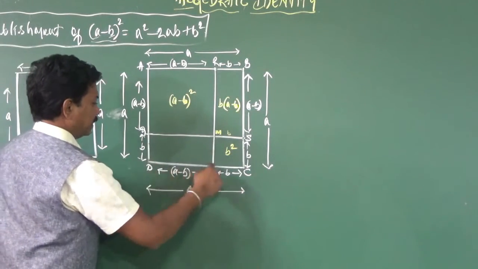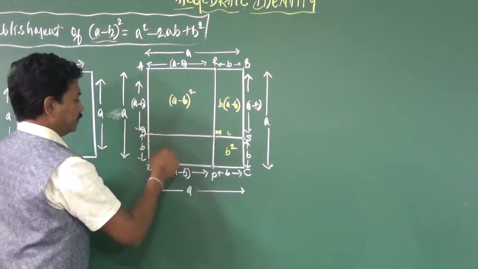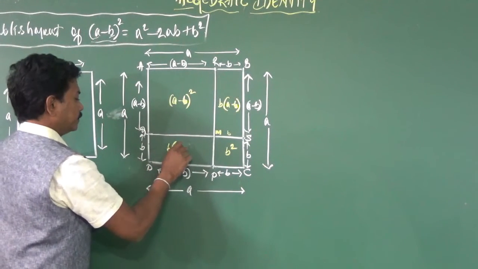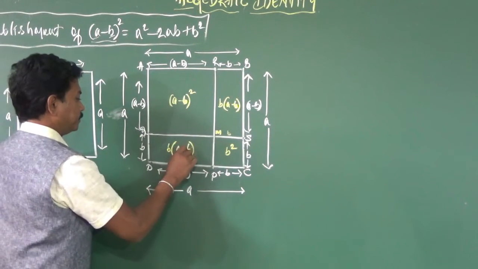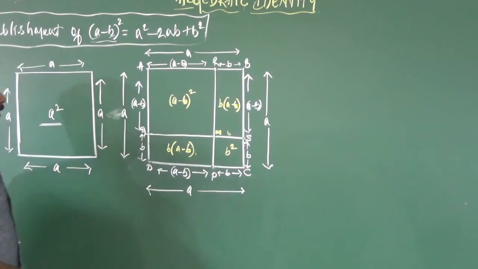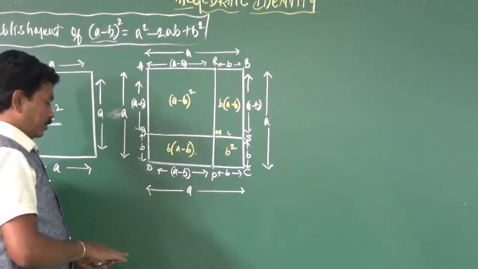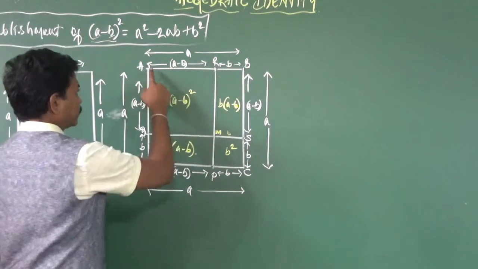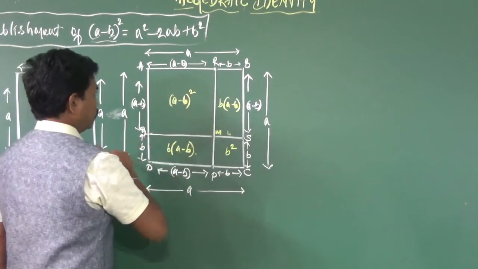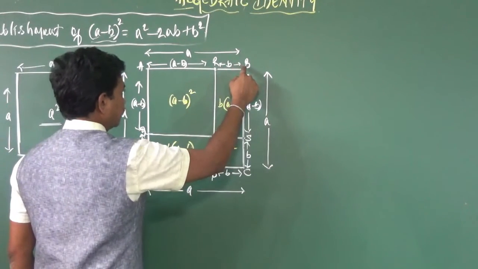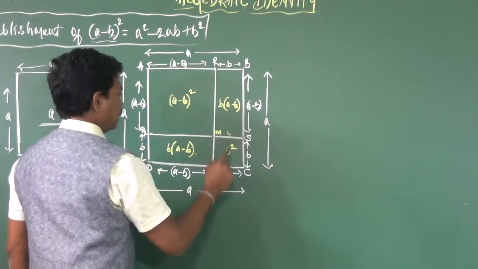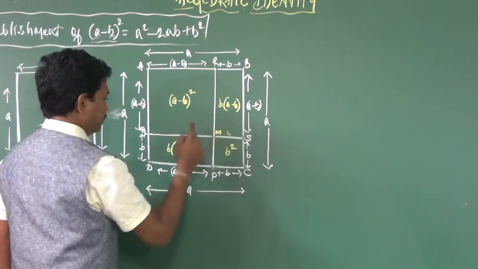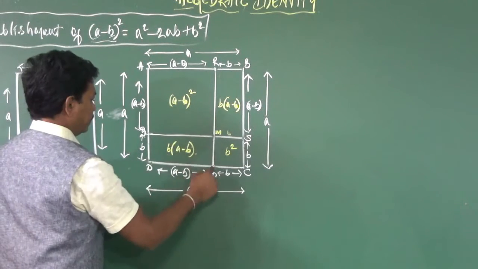This will be the length and this will be the breadth. So area of this rectangle is (a minus b) into b, that becomes b into (a minus b). So this is how we have divided. Now the area of the square ABCD is equal to the area of square ARMQ plus the area of rectangle BRMS plus the area of square PCSM and the area of rectangle QMPD.